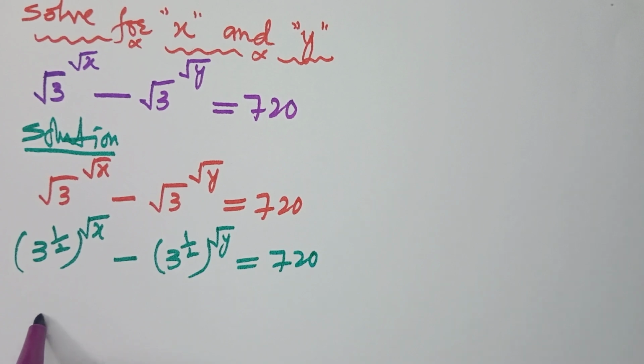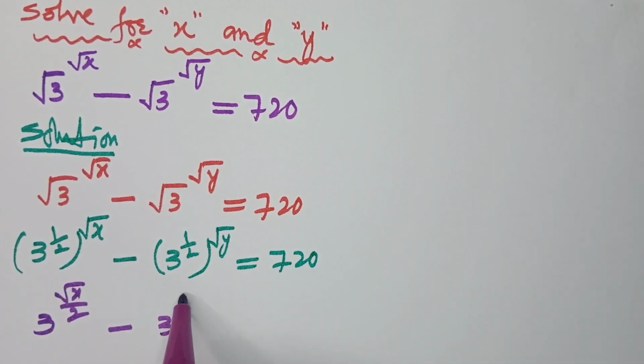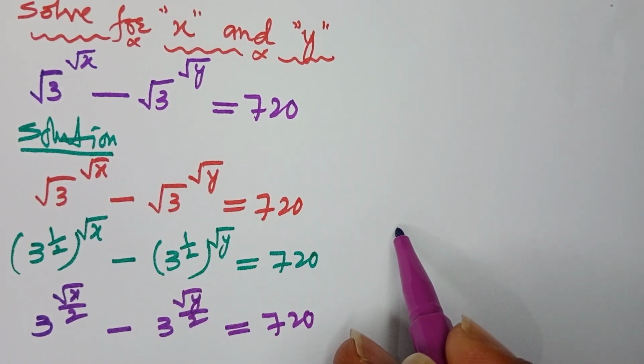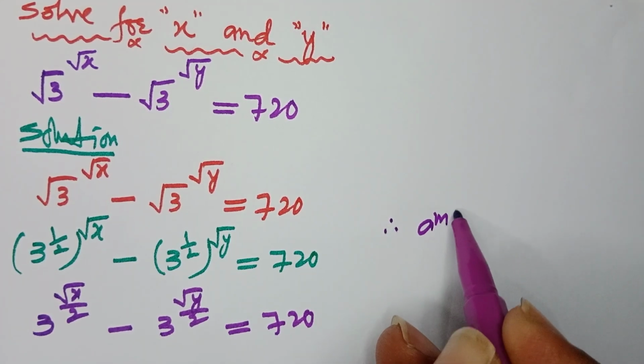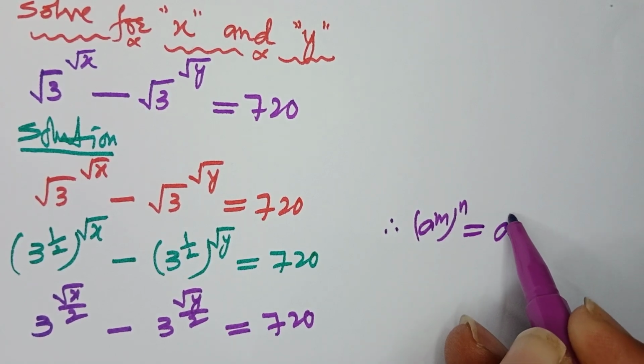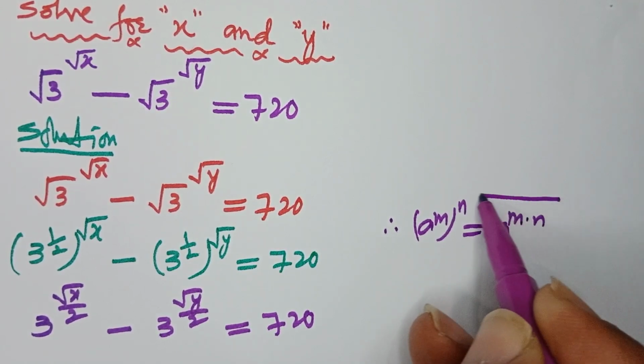Now we have 3 power square root of x over 2 minus 3 power square root of y over 2 is equal to 720. This is on the basis of the formula (a power m) whole power n is equal to a power m times n.